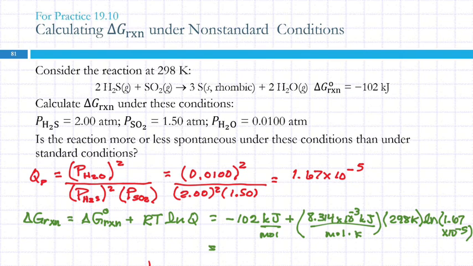Now, what the heck did I do wrong? Oh, I multiplied instead of adding. That would do it. Change that to plus. Okay, that looks like minus 129. But that's still not what they got.